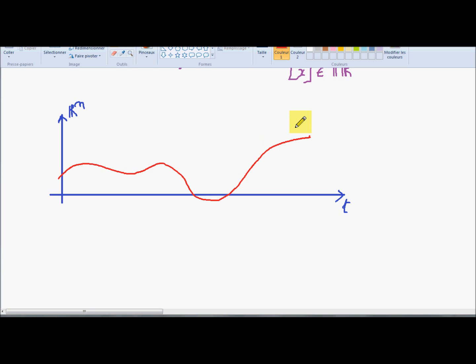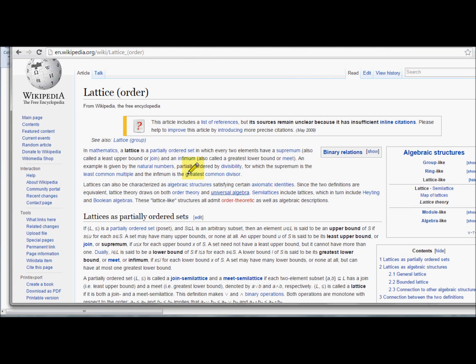What is an interval trajectory? To define an interval, I need first a partial order set. And to be more specific, I need a lattice. What is a lattice? A lattice is something we use in order theory, a partially ordered set for which two elements have a supremum and an infimum.